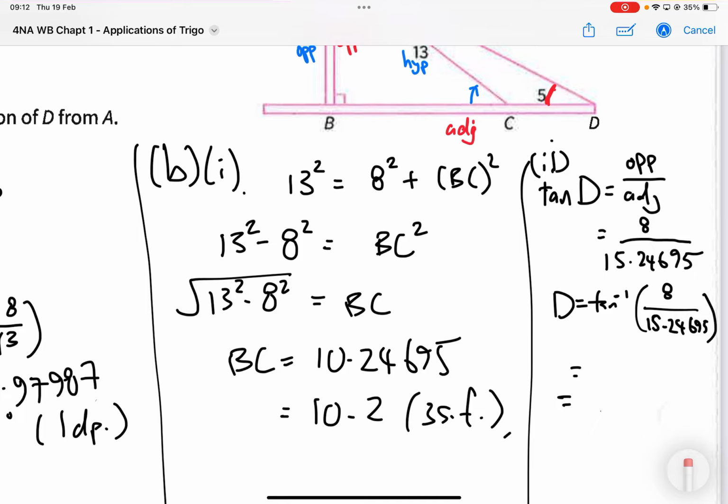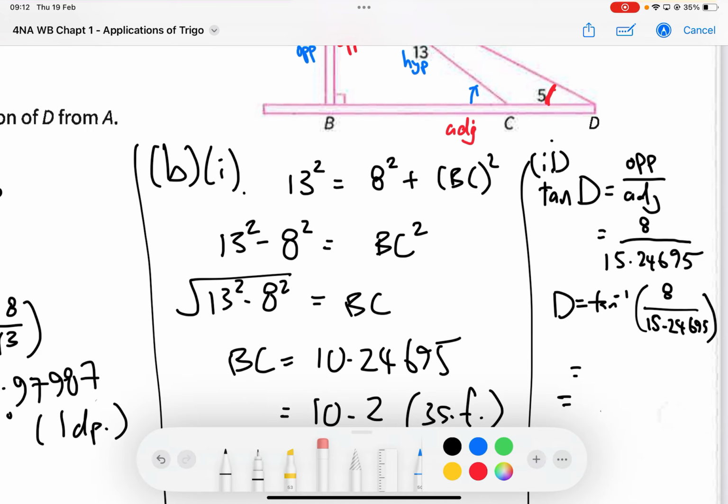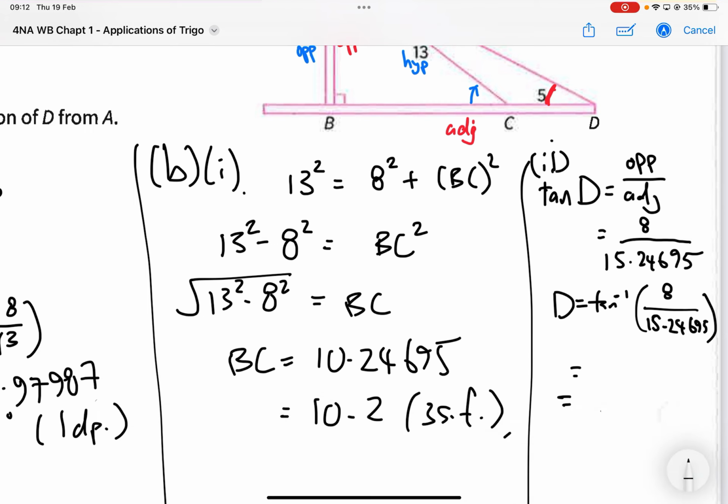Tangent inverse 8 over 15.24695 is 27.68577, 27.7 to 1 dp.